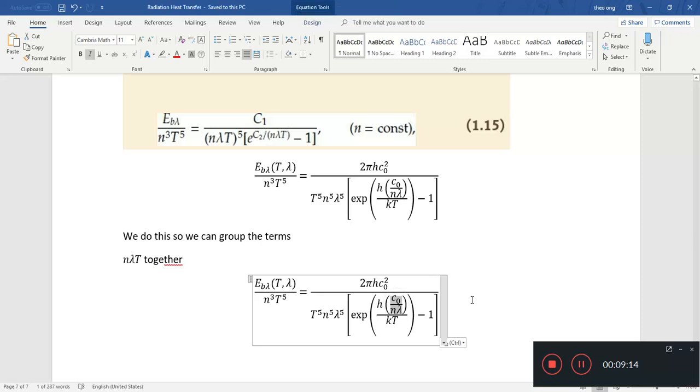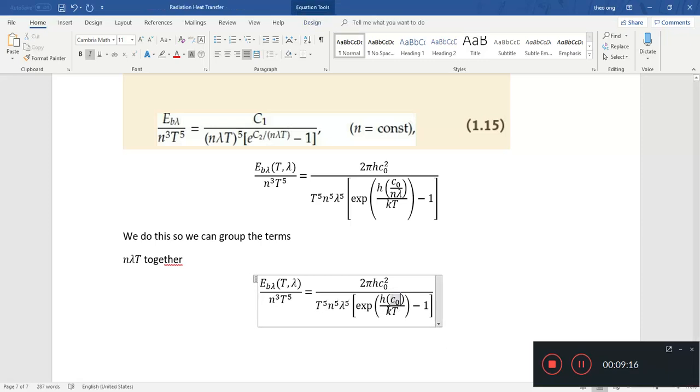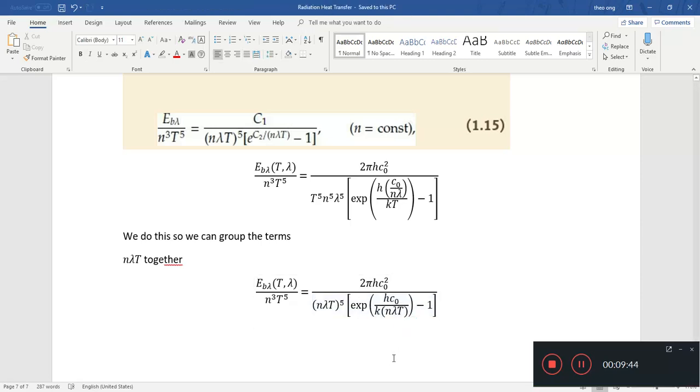So I'm going to put C naught on top, and I'll put n lambda T to the power of 5 at the bottom. Perfect. And that's what we do.